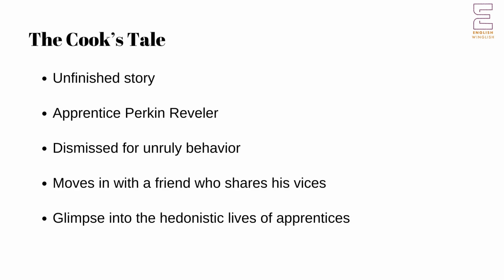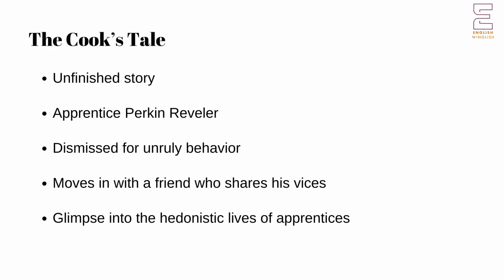The Cook's Tale. The Cook's Tale is an unfinished story about an apprentice named Perkin Reveler who is known for his love of dancing, gambling, and other vices. Perkin's master dismisses him for his unruly behavior and he goes to live with a friend who shares his debauched lifestyle.